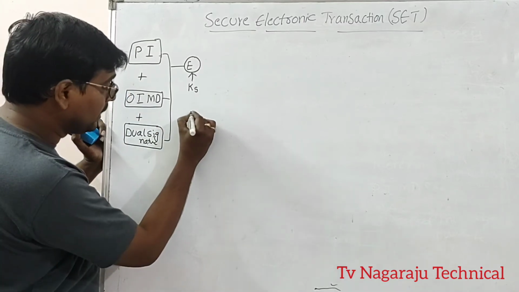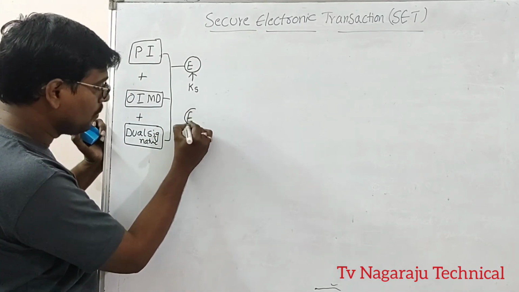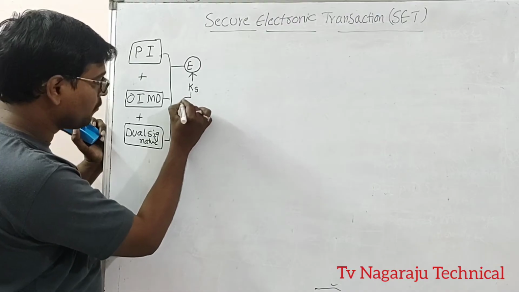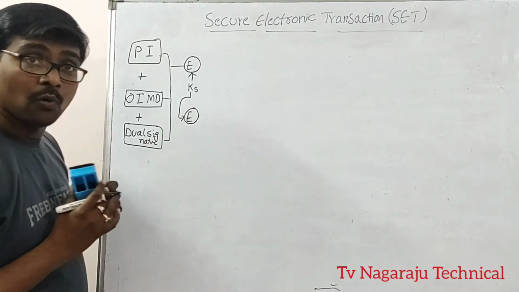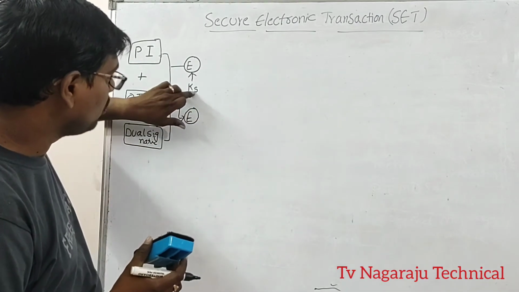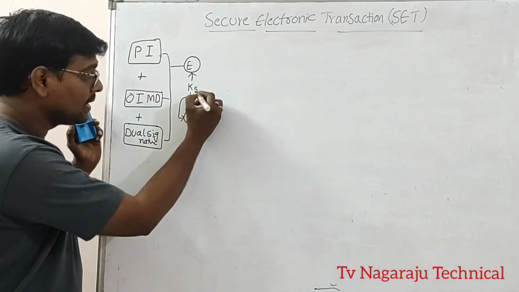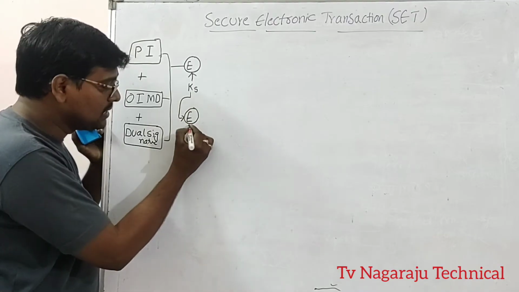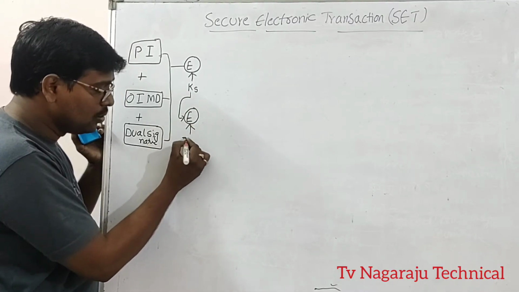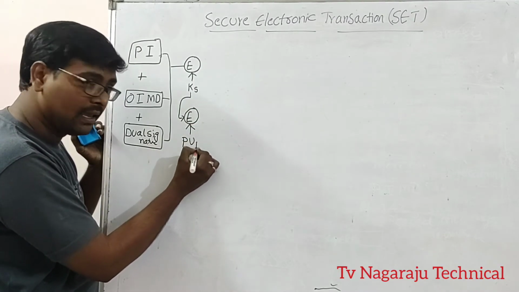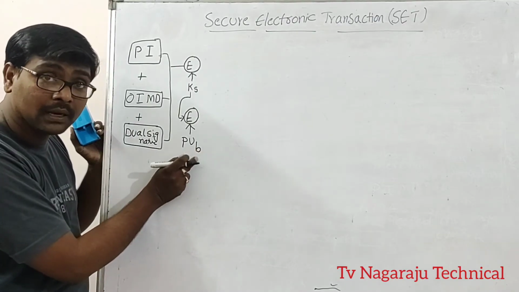Now, internally, one more encryption is done for the secret key. Whatever secret key I am using for encryption, okay, encrypted successfully. Again, the secret key is encrypted by using the public key of the bank. B represents bank.